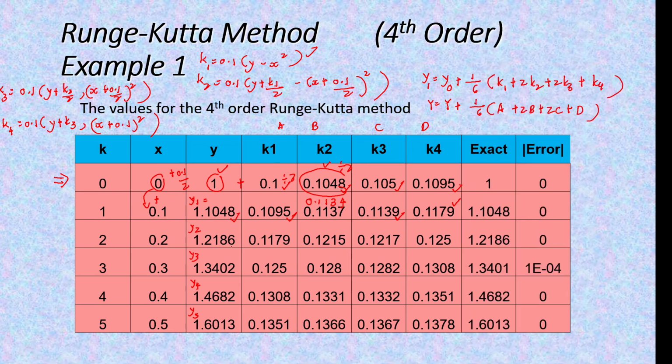So K4 is a bit tedious because you need K1, K2, K3, K4. Compared to Euler, which is faster, this one takes a longer time. So far, do you have any questions?